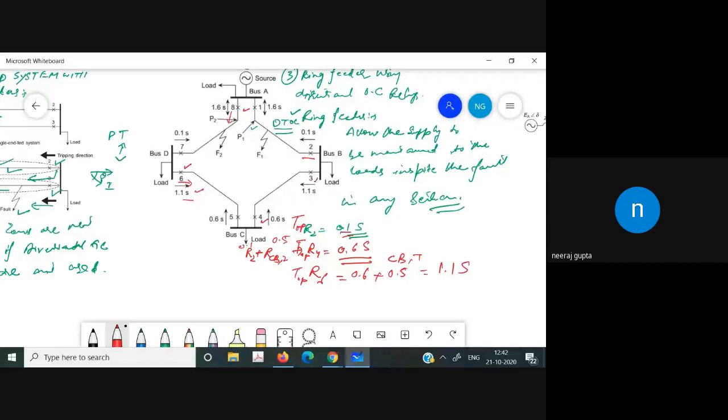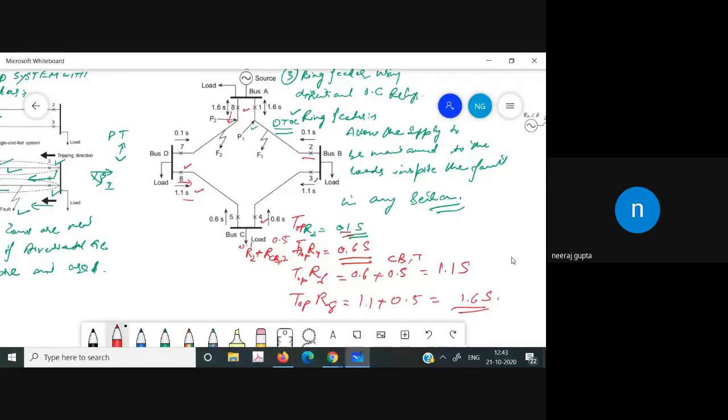And then we have the operating time of R8, which is equal to 1.1 plus circuit breaker time 0.5, which is equal to 1.6 seconds.